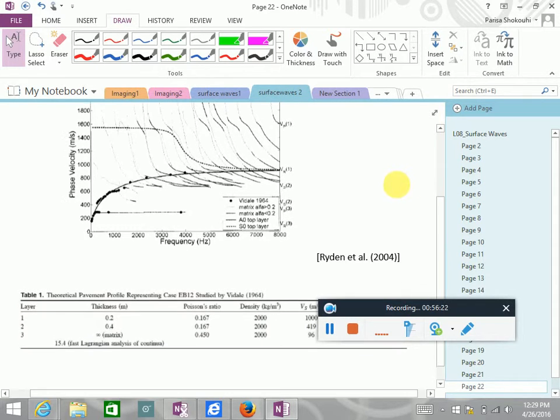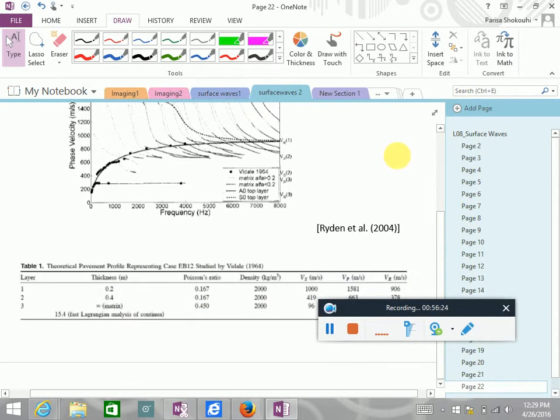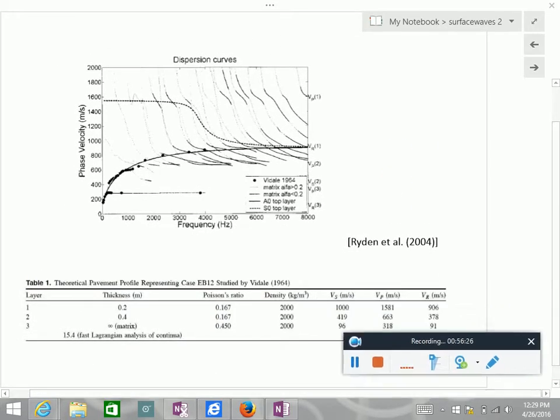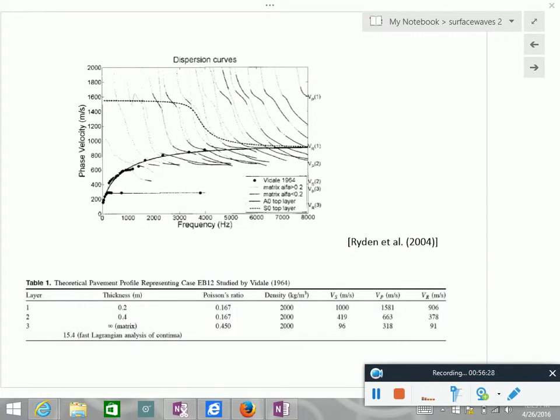That's a pavement test. You have the layers here. So we have 3 layers with thicknesses, Poisson's ratios, densities, and velocities. You see the Rayleigh wave velocities are 906, 378, and 91.